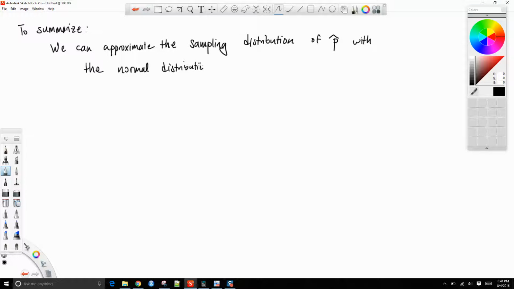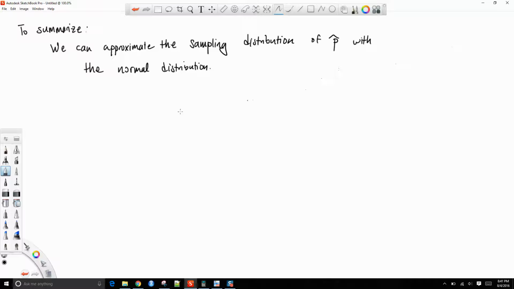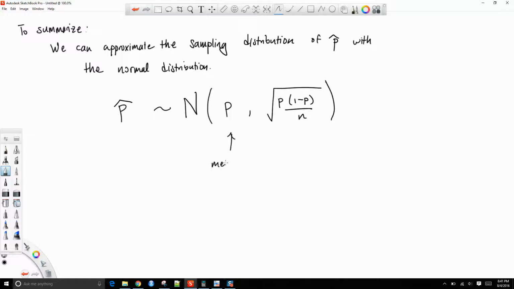Okay. And again, this is an approximation. The actual distribution of p hat is a little bit more complicated, but to make our lives easier, we're going to say it's approximately normal with mean p and standard deviation square root of p times 1 minus p over n. So this is the mean, and this is the standard deviation.